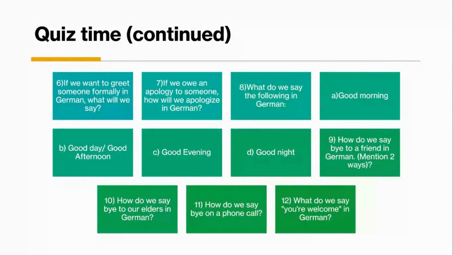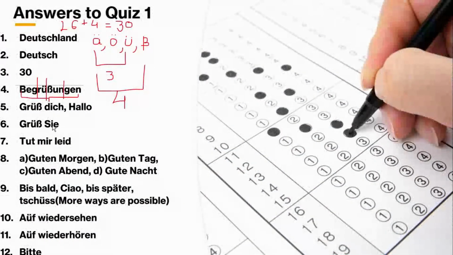Formally is like when we're saying it to our elders or our grandparents or our teachers, whosoever it is, or even our parents. So the answer is Grüß Sie. Noch einmal, Grüß Sie. See, the S will be a capital S over here. You will not write it with a small s.